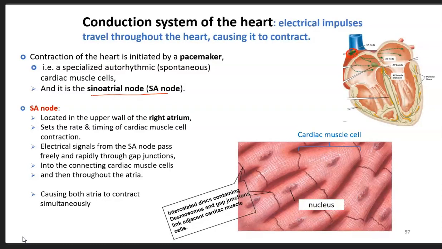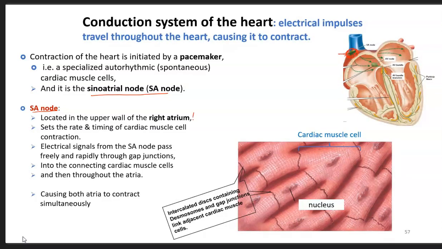You have to know the position of the SA node, which is also known as the pacemaker, where the initial electrical impulse that causes the heart to contract is generated. The SA node is located in the upper wall of the right atrium. That is the location of the SA node that you must remember.